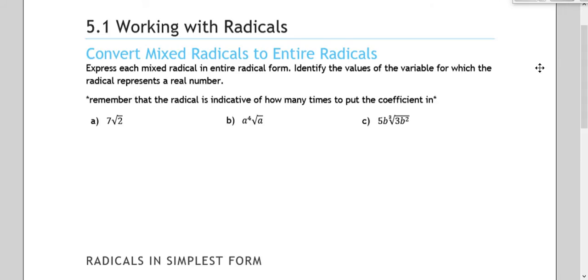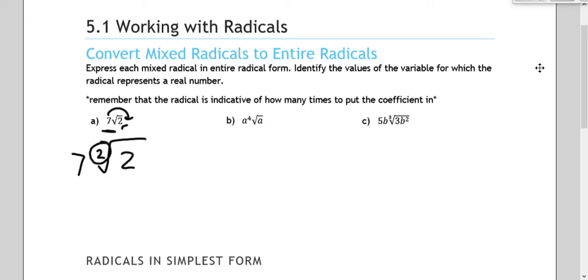So a mixed radical has a coefficient out in front of the radical. In order to put this back in, there are two different ways to think about doing it. Originally, this was in here, and we need to put it back in there. There is the little index value there. That is technically a 2.